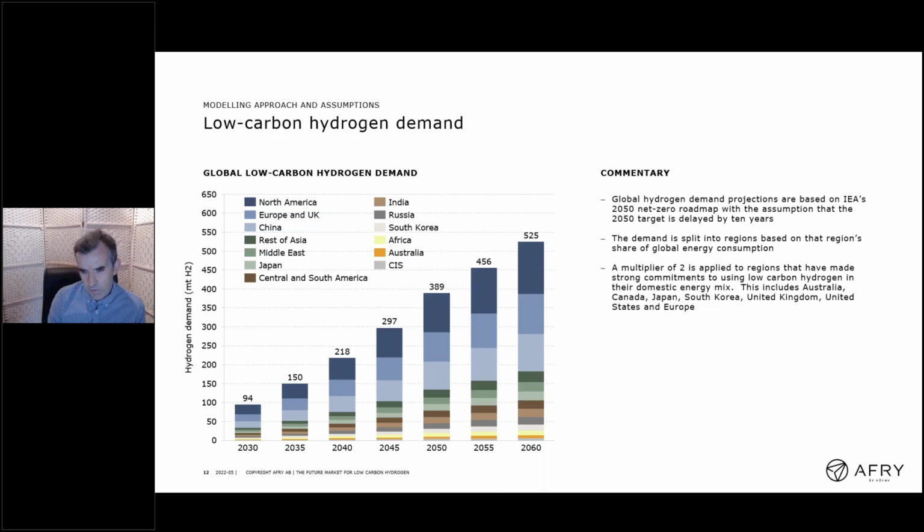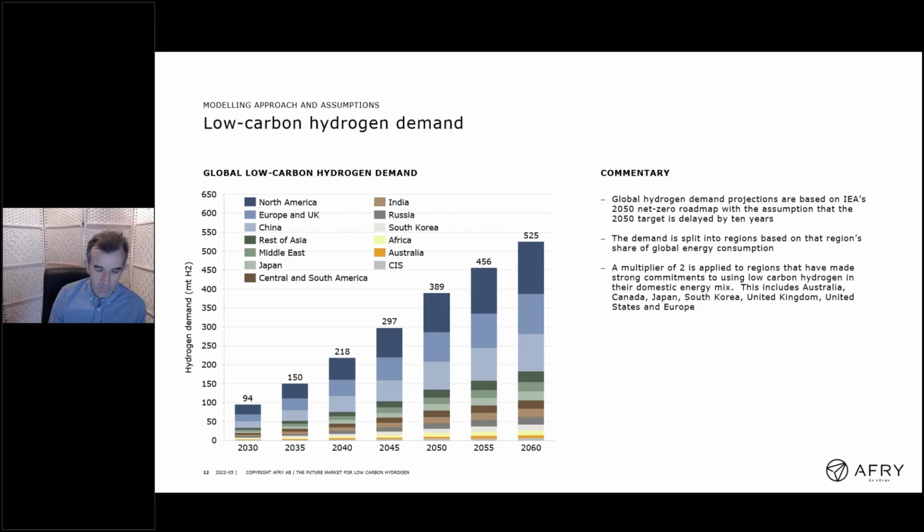And then what we've also done is, for regions where they have very strong policy support for low carbon hydrogen, before dividing the demand into regions based on total energy consumption, we applied a multiplier to some countries such as Japan, South Korea, and certain countries in Europe.